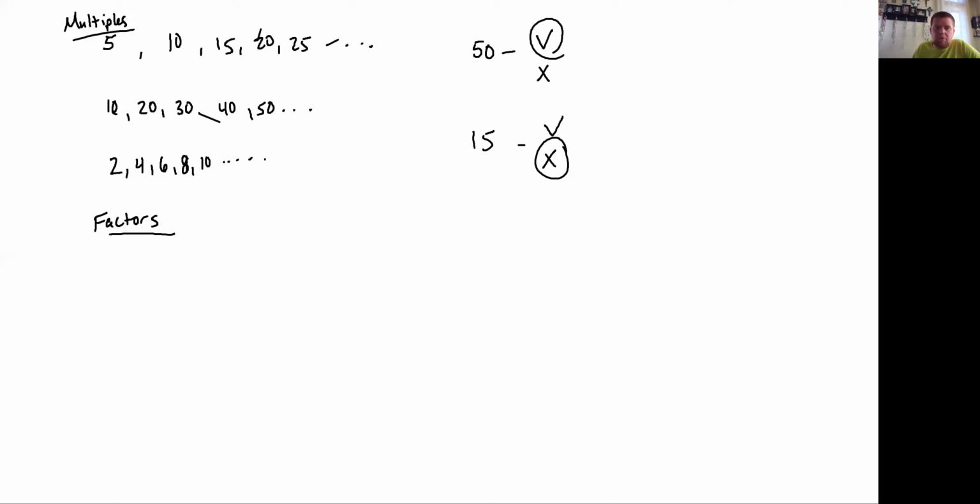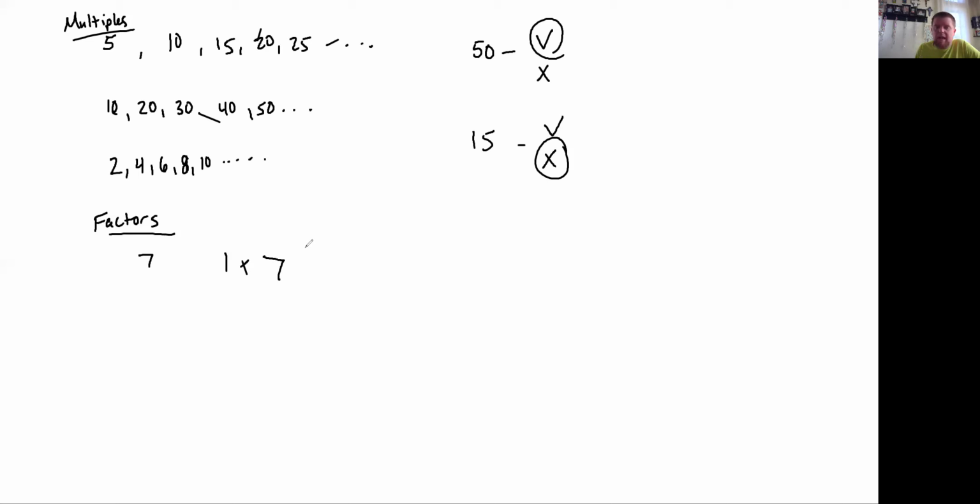And depending on the number that it is, you could have a large number of factors, or you might just have one or two. So for instance, if I look at a number like 7, 7 is a prime number. This is covered in previous sections, but prime numbers are when the only factors you have are 1 and that number.